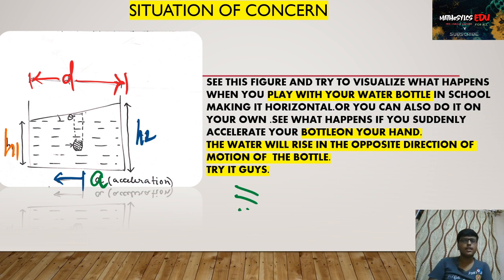Now suppose the surface of the fluid is making an angle theta with the surface as it would have been at rest. When the fluid was at rest, all the positions at the same level had the same pressure. You know, from motion in fluids, static fluids have the same pressure at all points at the same level, from Pascal's law.